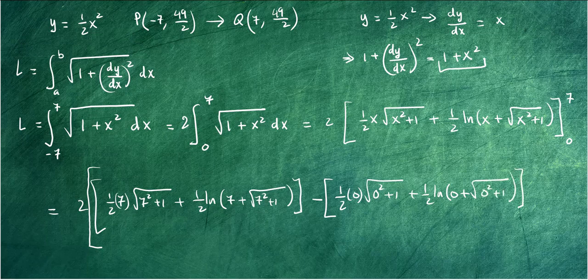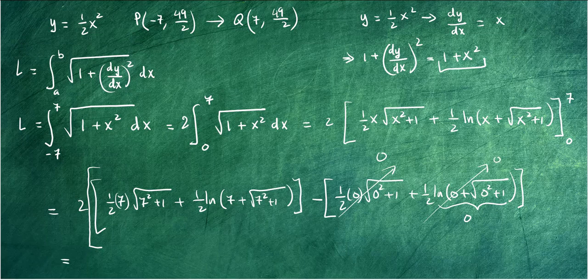And from here, we know that 0 times anything is 0. And in this part right here, you will eventually get the square root of 1. So ln of 1 is just 0. So this entire term is also 0.